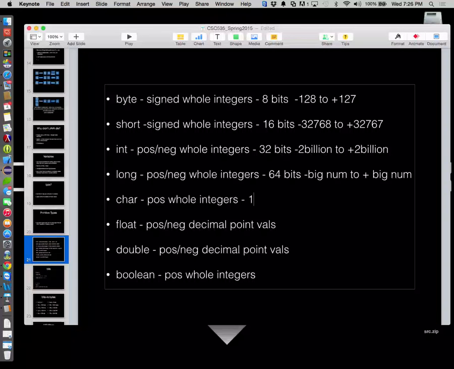These guys are 16 bits. That's 0 to 65,535. That's the range of numbers that fit inside of a char. Okay, now here's why.